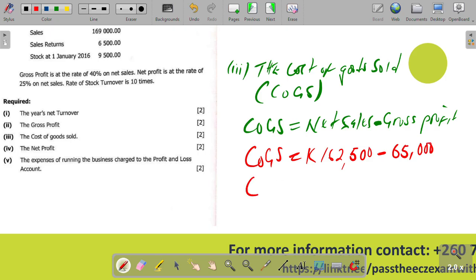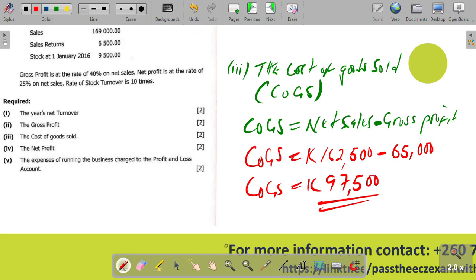So we just subtract here. COGS, 162,500 minus 65,000. What do we have? 97,500. So this is your COGS.